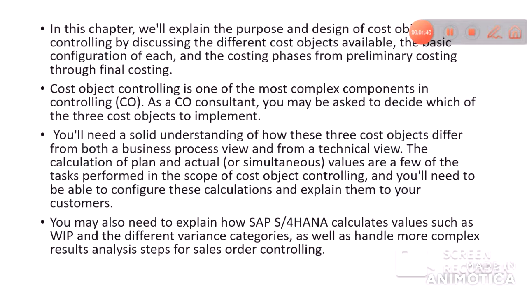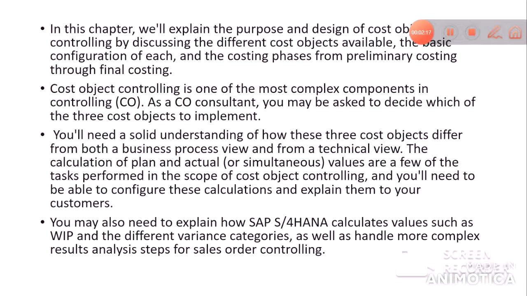As a CO consultant, we may be asked to decide which of the three cost objects to implement. We need a solid understanding of how these three cost objects differ from both a business process view and a technical view. The calculation of plan and actual or simultaneous values are a few of the tasks performed in the scope of cost object controlling, and you will need to be able to configure these calculations and explain them to your customers.